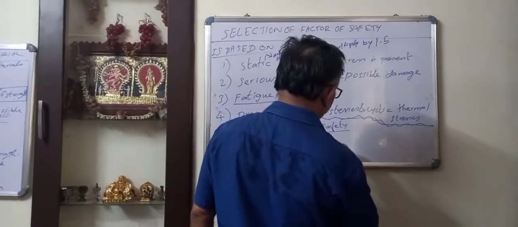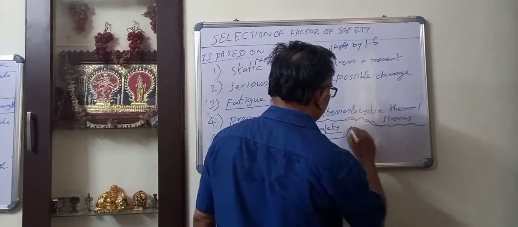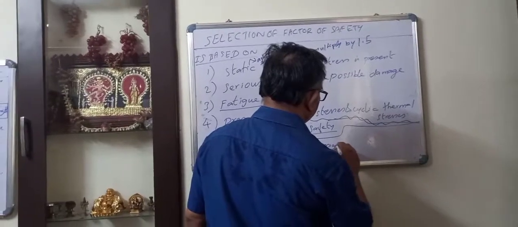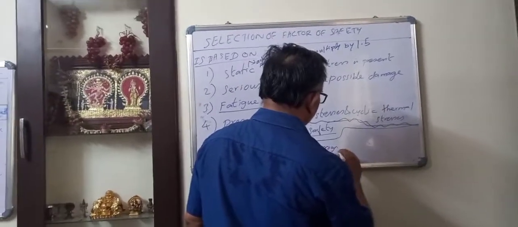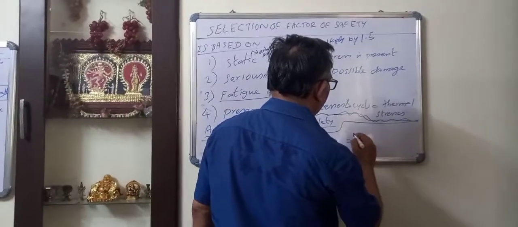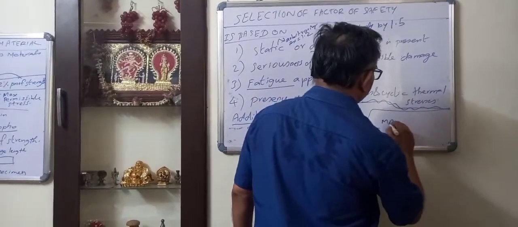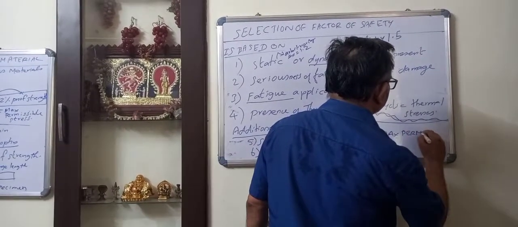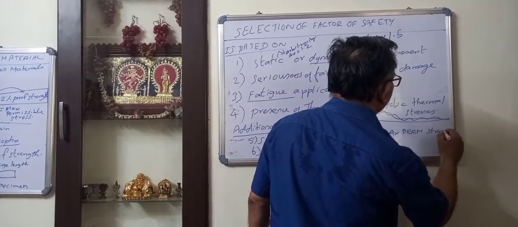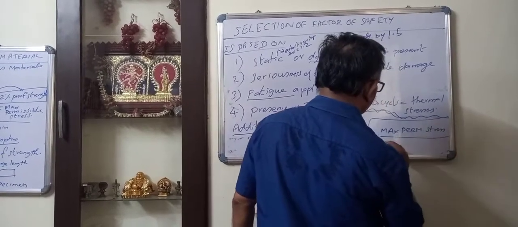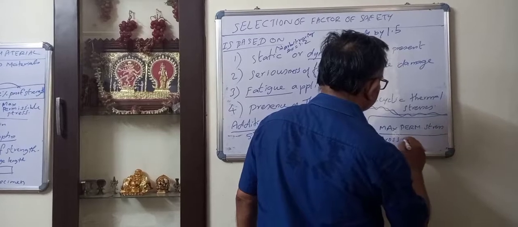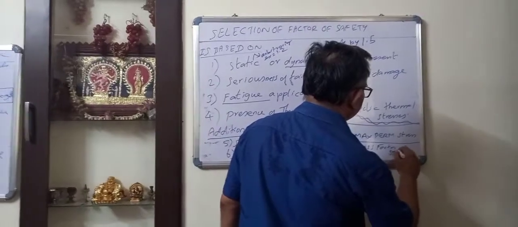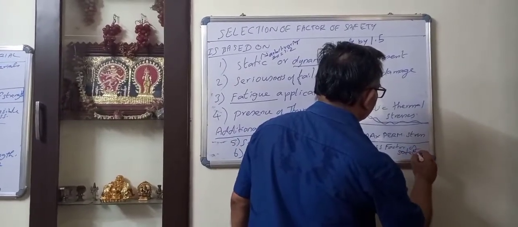Now what will your formula be? The design allowable stress is equal to the maximum permissible stress divided by the gross factor of safety.